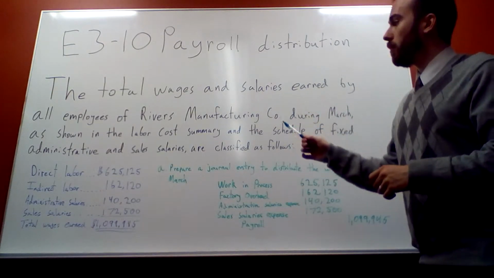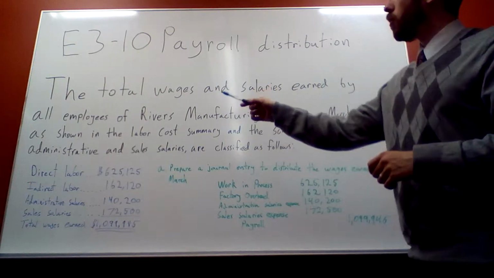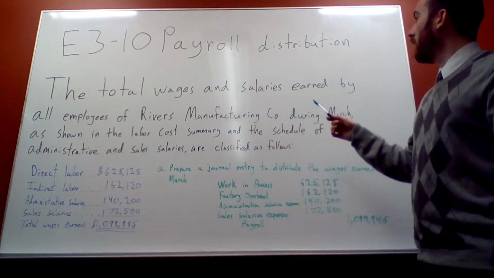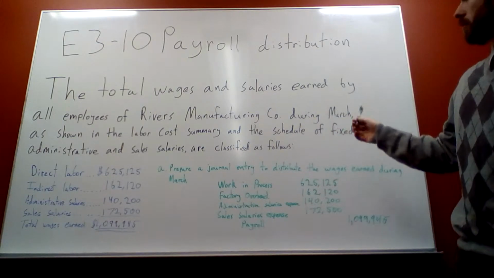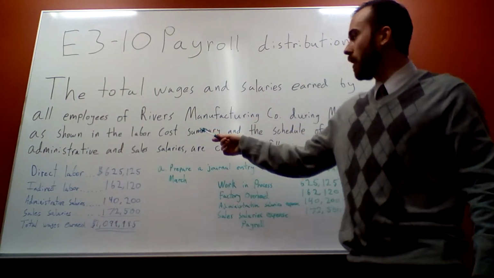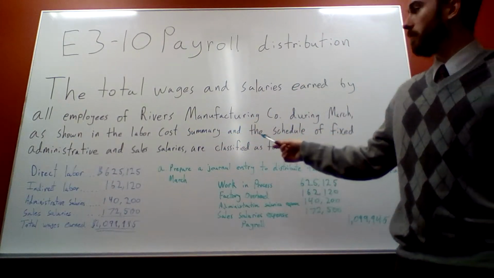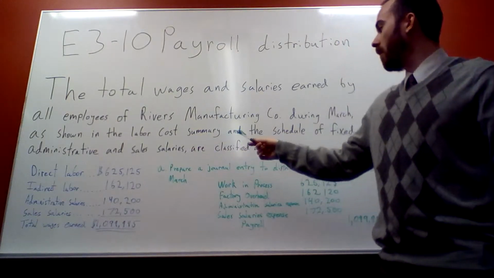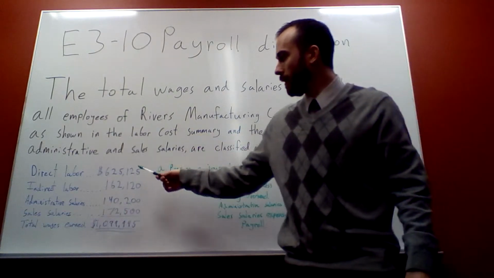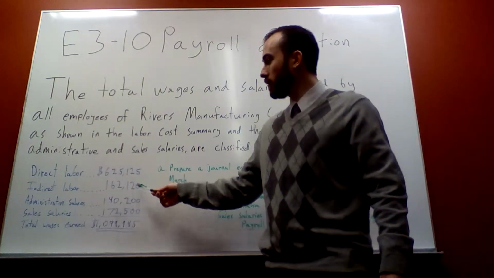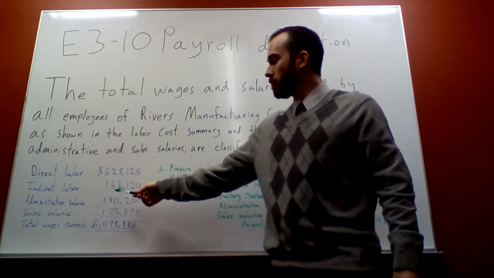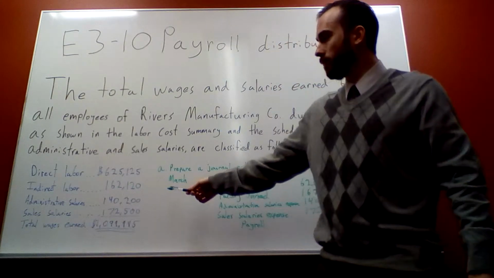So in this example of distribution, the total wages and salaries earned by all employees of Rivers Manufacturing Company during March, as shown in the labor cost summary and the schedule of fixed administrative and sales salaries, are classified as follows. Direct labor is $625,125. Indirect labor is $162,120.